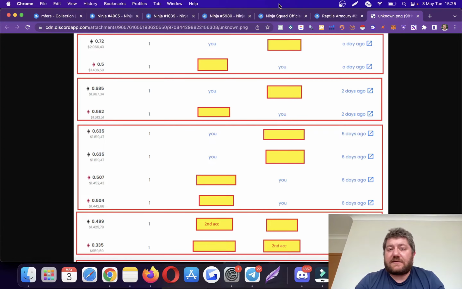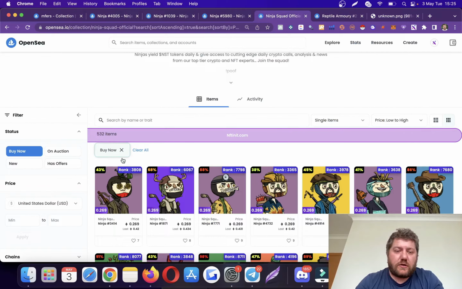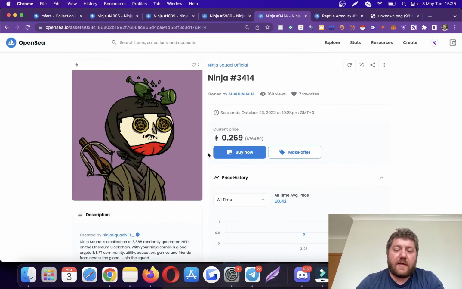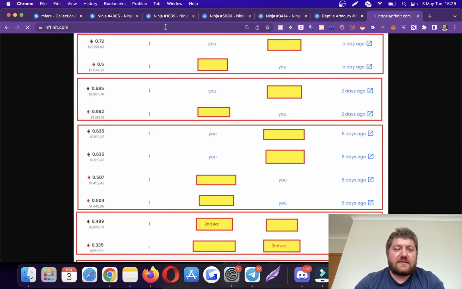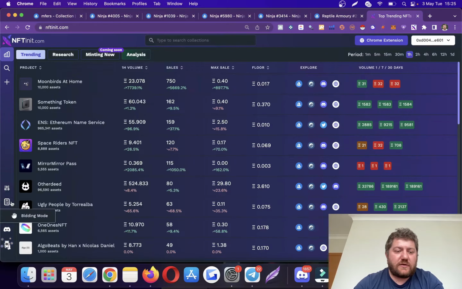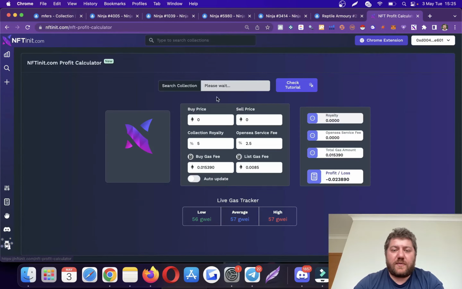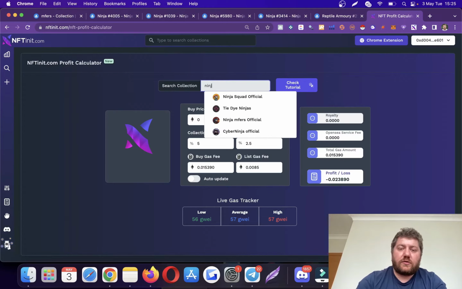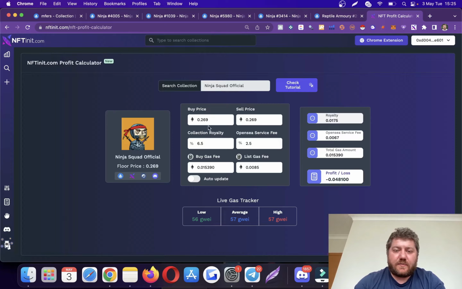So let's make a bid and see how it goes. For instance, for this one, the floor price is 0.29, right? I will just go back to NFTinit. I'm going to calculate my desired profitability, and I'm going to place some bids. So I would like to get this maybe at 0.2, and there won't be any gas fee, don't forget about it.